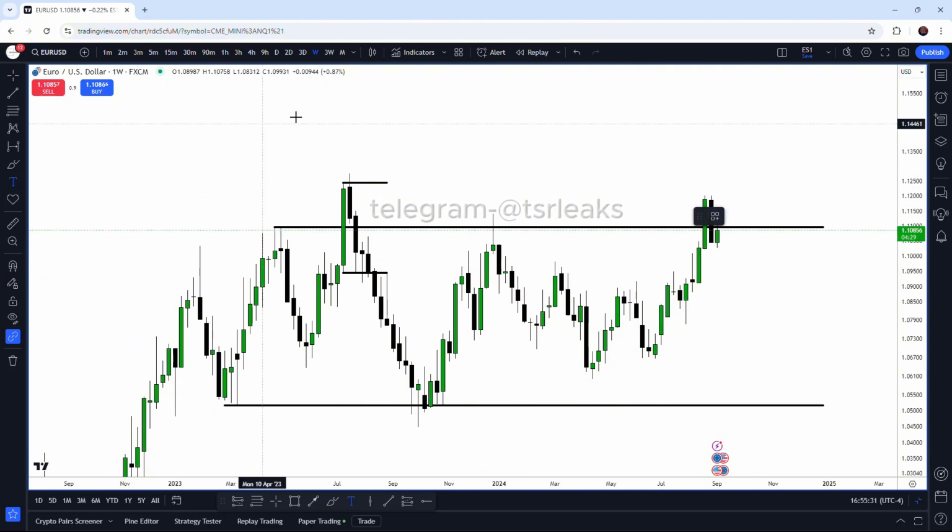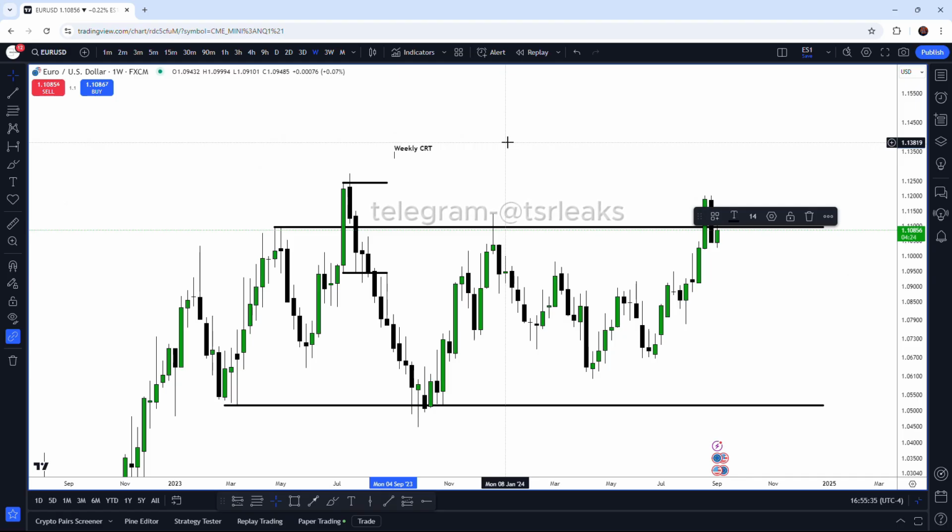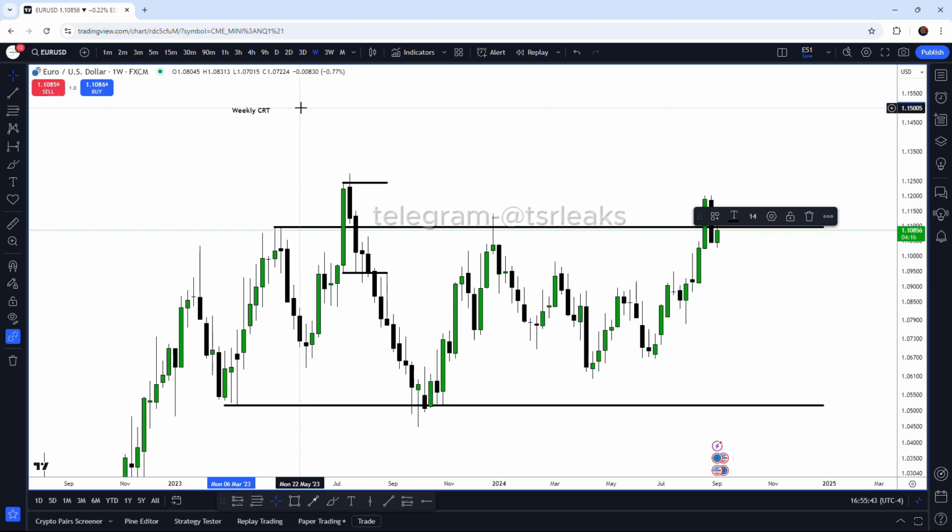High probability weekly CRTs. There is two high probability weekly CRTs that you can go ahead and backtest. And only two. Do not fool yourself into thinking that there are more. There is not.